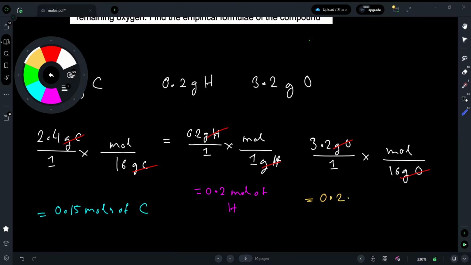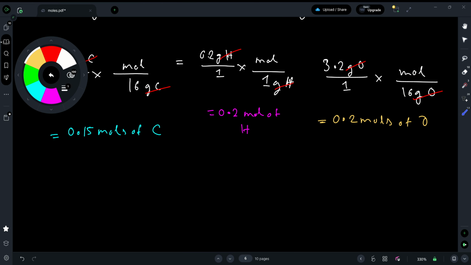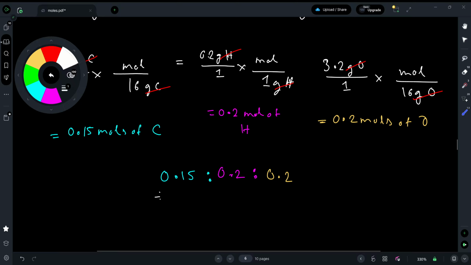So we have 0.2 moles of oxygen. With these moles, we can find the ratio of our empirical formula. So 0.15 is to 0.2 is to 0.2, and our smallest number here is 0.15, so we'll divide everything by 0.15, but we want to get a whole number ratio.